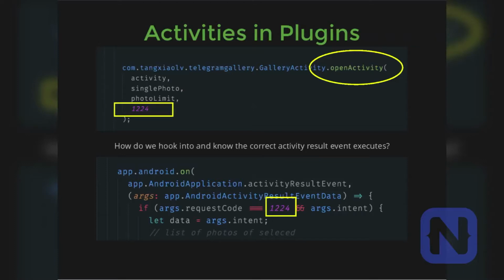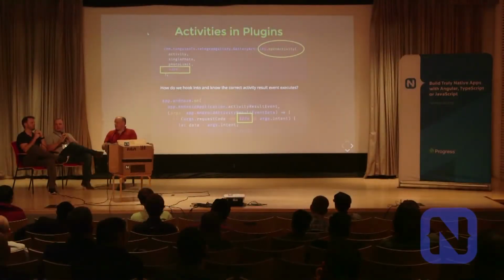Where does that number come from? You could set it to whatever you want. So when you open an activity, you're just identifying that activity to call back with that request code. Yes. And this is typically seen in some type of third-party integration on Android. If it opens up an activity, there's going to be a request code if it has a result that you are trying to get data back from when it returns.